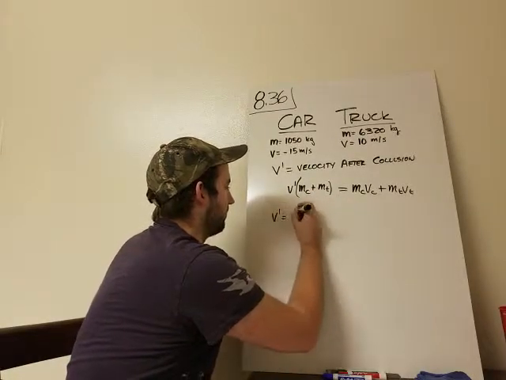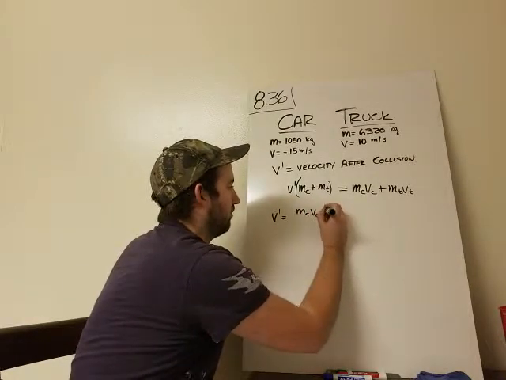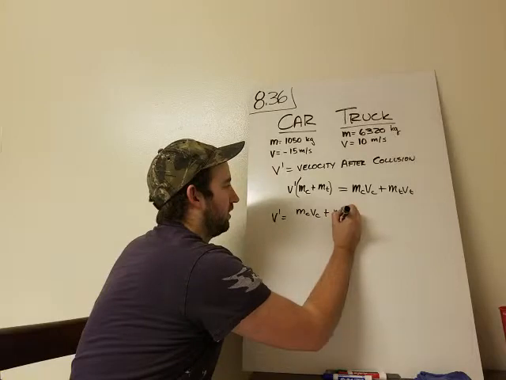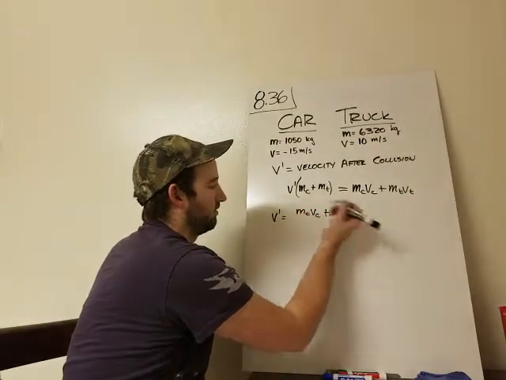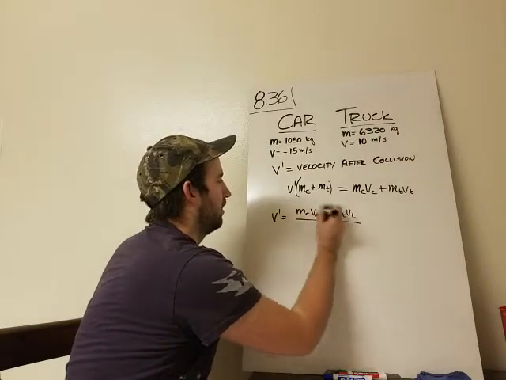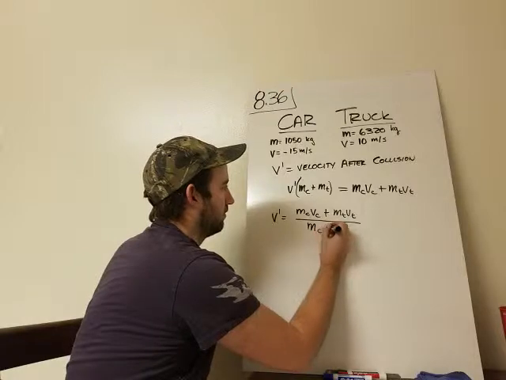We get V prime equals M sub C V sub C plus M sub T V sub T, the momentum of the car plus the momentum of the truck, over their combined mass.